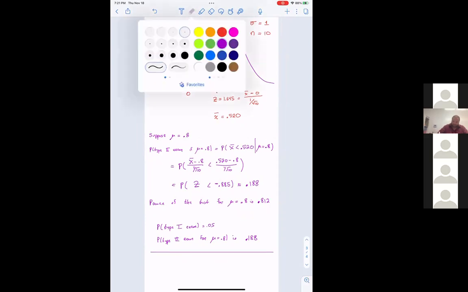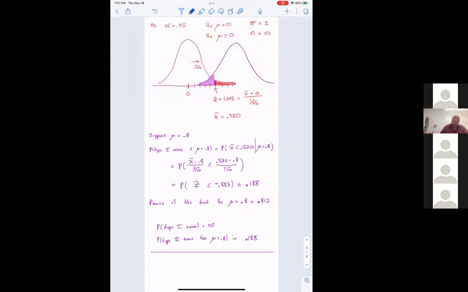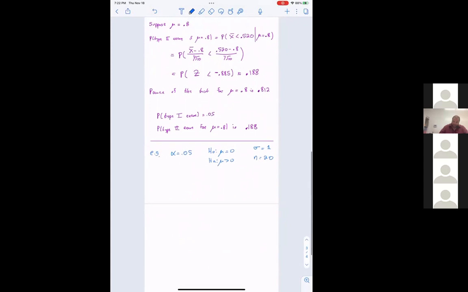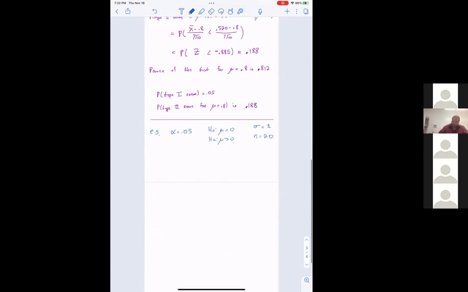So we have another example. Alpha is still 0.05. The null hypothesis is mu equals 0 versus the alternative where mu is greater than 0. Sigma is still 1, but this time n is equal to 20. So let's start like we did last time.